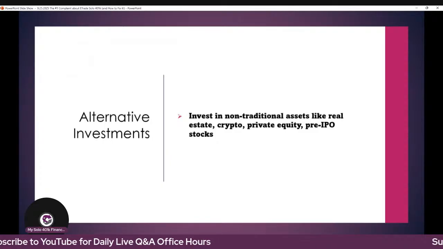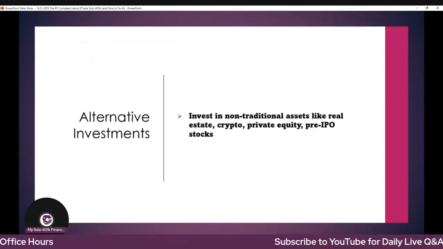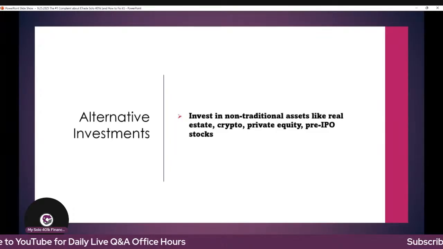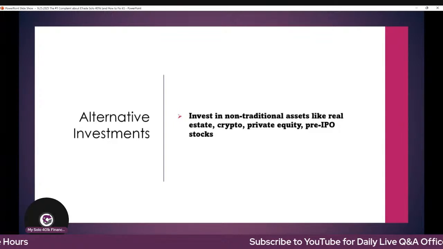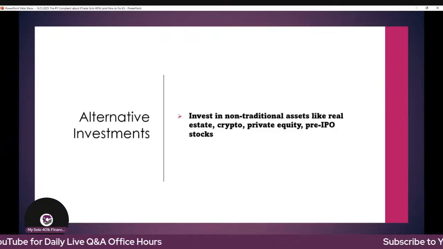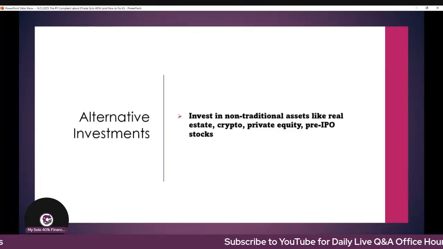The next missing feature with E-Trade's Solo 401k plan is that it doesn't allow for investing in alternative investments. Now, of course, our plan does allow for investing in typical brokerage type investments, which again, you could do through E-Trade, whether it's stocks, bonds, mutual funds, ETFs, etc. But in addition, our plan would also allow for investing in non-traditional assets like real estate, cryptocurrency, Bitcoin, private equity, pre-IPO stocks.